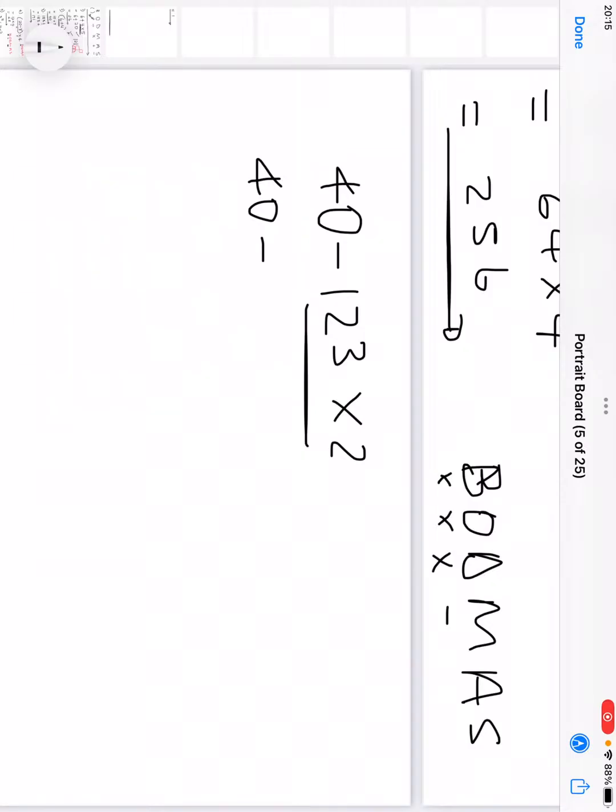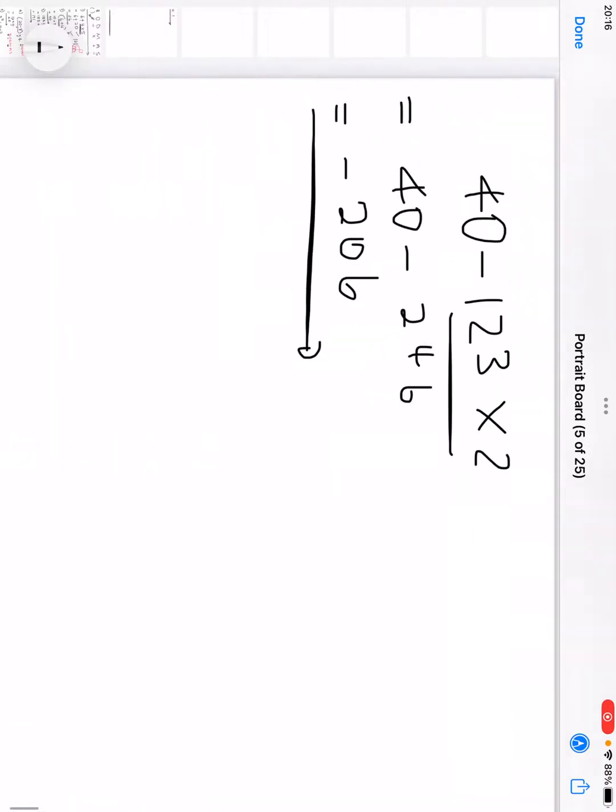What will that be? 1, 2, 3 multiplied by 2, it gives 2, 4, 6. Okay, then it's fine. So now let's see, you are having that 40 where you minus 2, 4, 6, and it ends up giving you a negative value, being negative 206, and that should be the end of it.